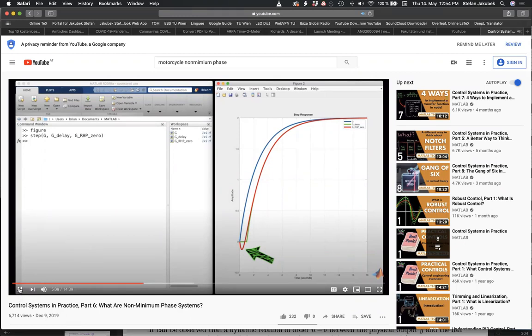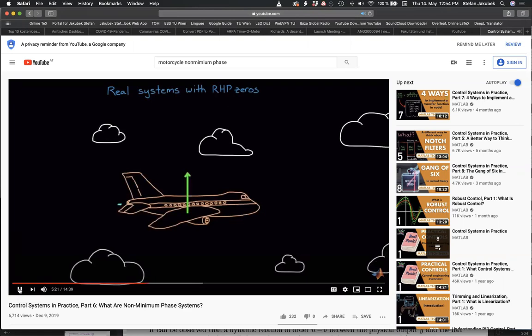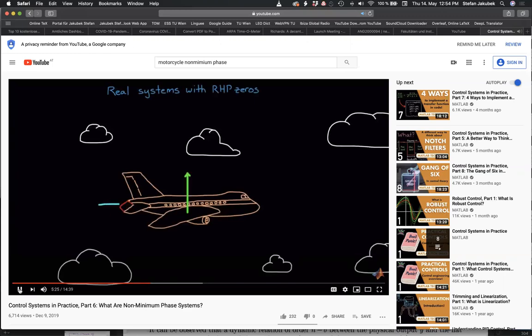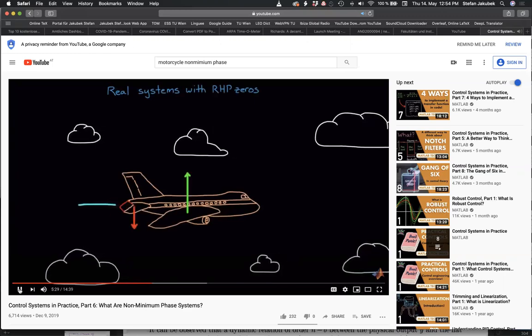And how it impacts our ability to control it. We encounter systems that initially move in the wrong direction all the time, even if it's so insignificant as to not be noticed. A classic example is pitching an aircraft up to increase its altitude. When the elevator is deflected up, this causes a downward force on the tail, which provides the nose up pitching torque.